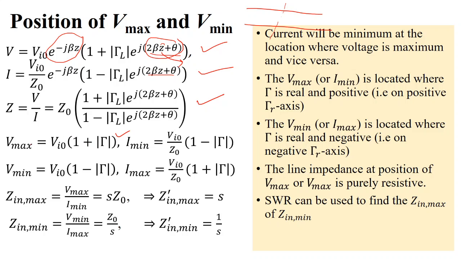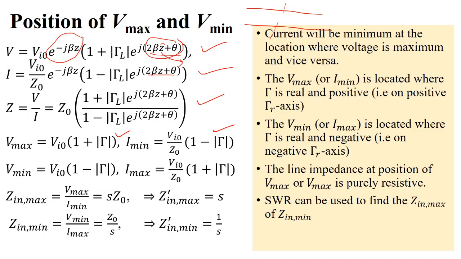So at the same location the voltage will be maximum and the current will be minimum. The voltage and current are opposite: where the current is minimum, the voltage is maximum. Similarly, the voltage will have the minimum magnitude when this phase is pi or minus pi.